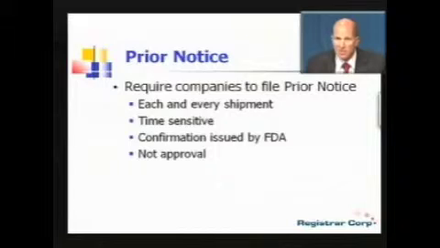It is a time-sensitive submission where you must tell FDA details about the shipment: where it is coming from, how many cases, how many cartons, who the manufacturer is, who it's going to, what the product is, and when it will arrive.